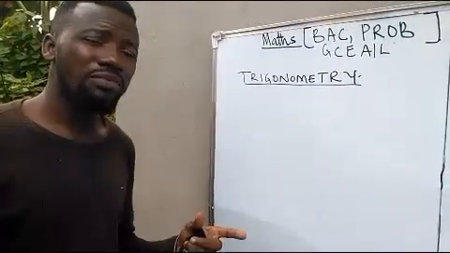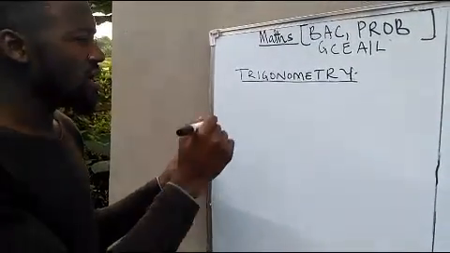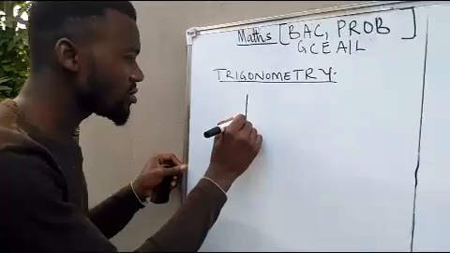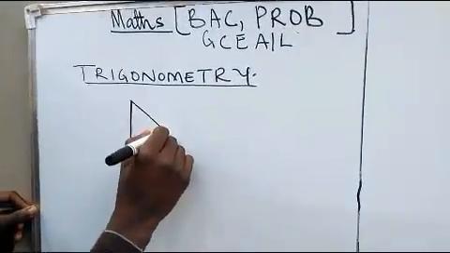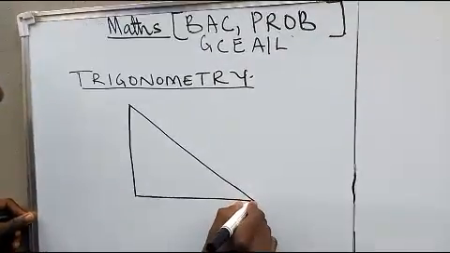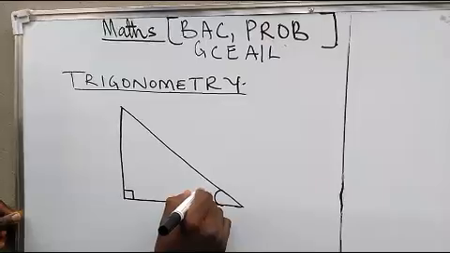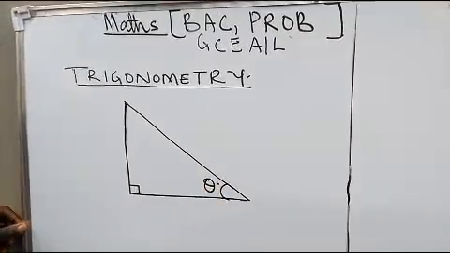A right angle triangle is simply an angle which sum of an angle of 180 degrees. So our right angle triangle, and we name our angle which we are going to measure theta.